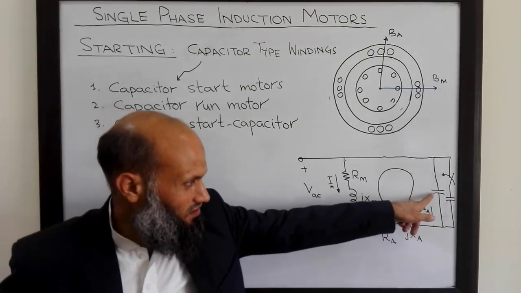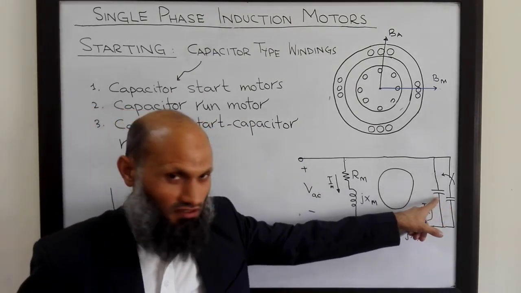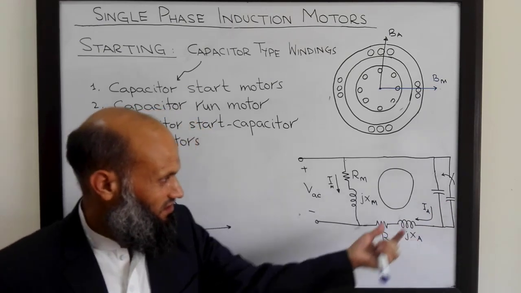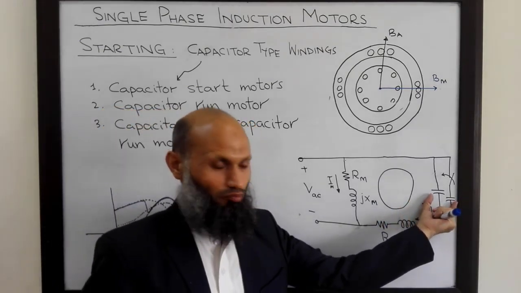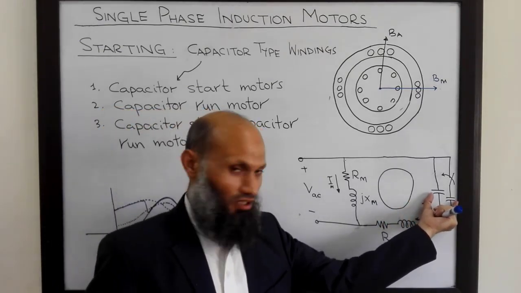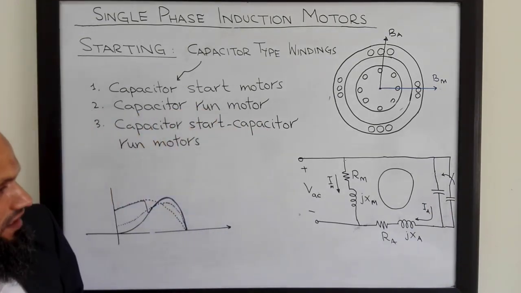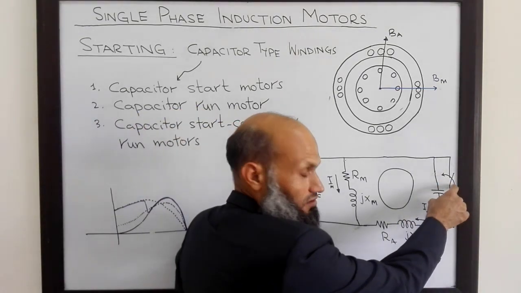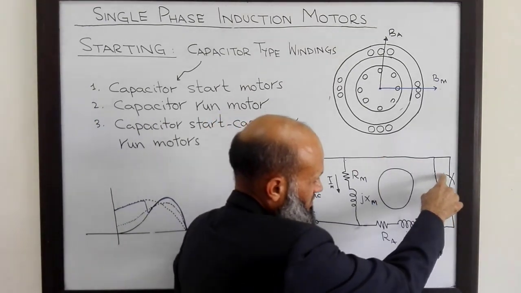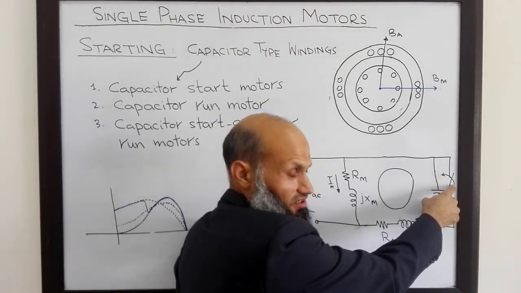So the capacitance of these two capacitors is set such that during starting balance is achieved, so that starting torque is best. And then once the motor gets started, this capacitor is removed from the circuit.